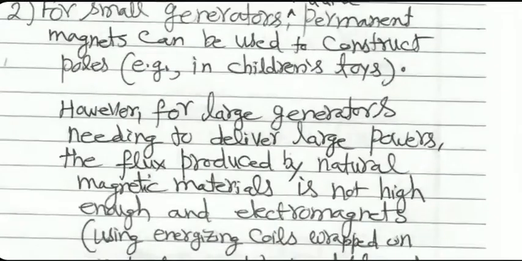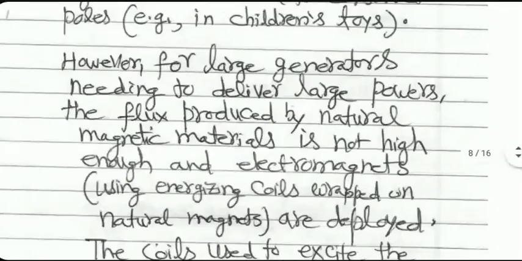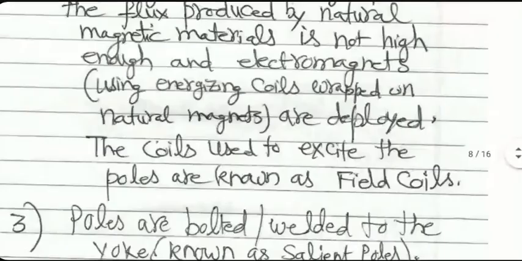However, for large generators needing to deliver large powers, the flux produced by natural magnetic materials is not high enough, and electromagnets are deployed. They use energizing coils wrapped on magnetic material. The coils used to excite the poles are known as field coils.